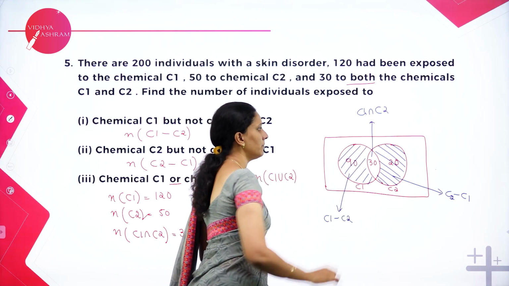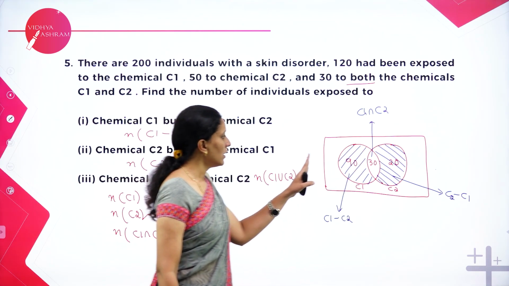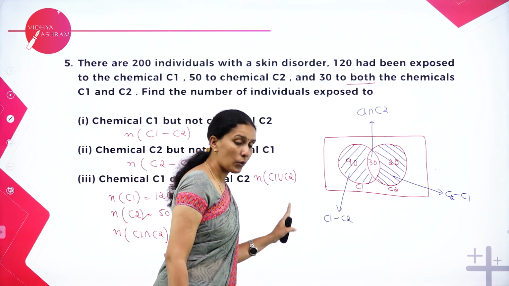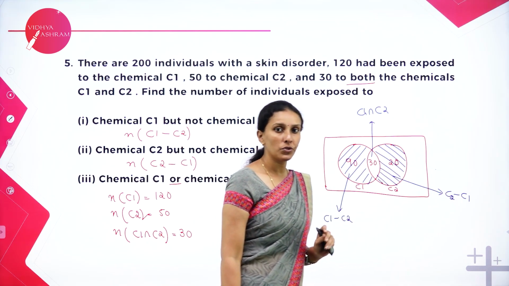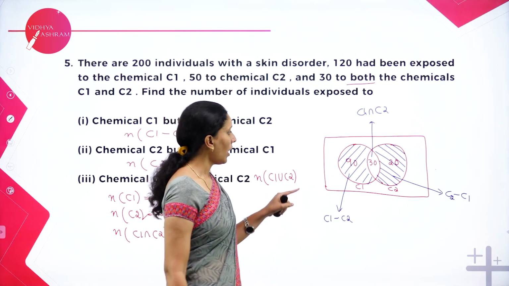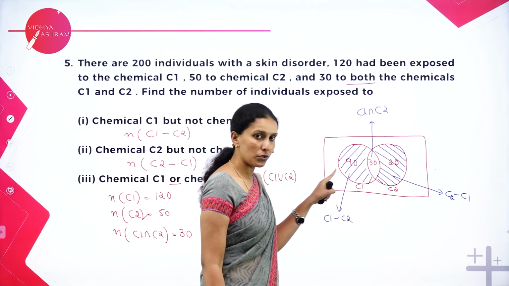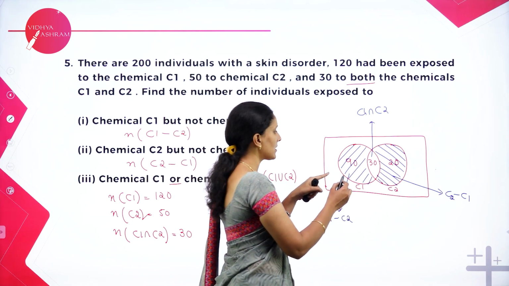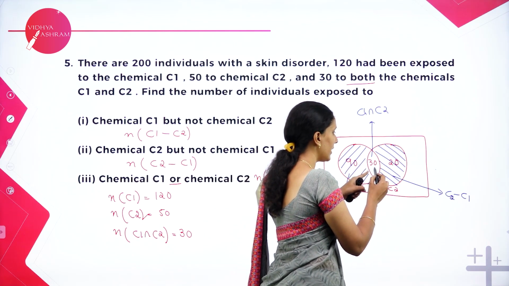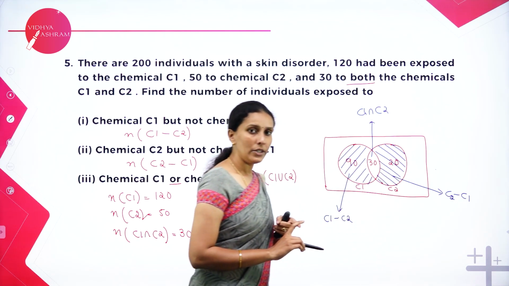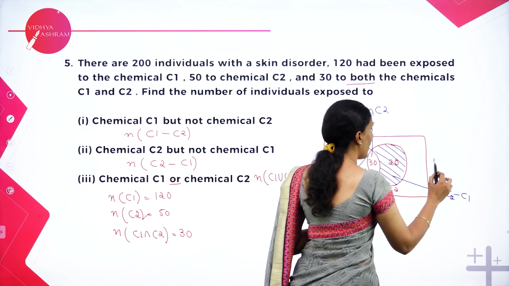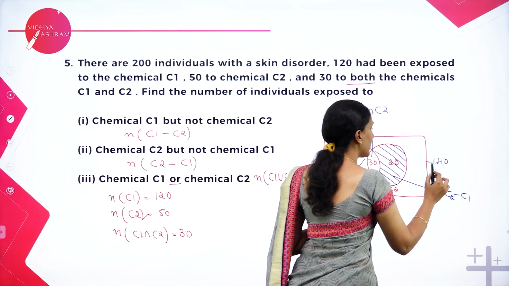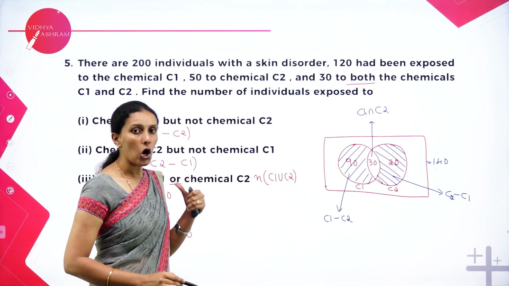Here you can observe that 90 people are exposed to only C1 and 20 people are exposed to only C2. Now, how many people are exposed to any one of them? That is 90 plus 30 plus 20, so in total 140 members are exposed to C1 or C2.